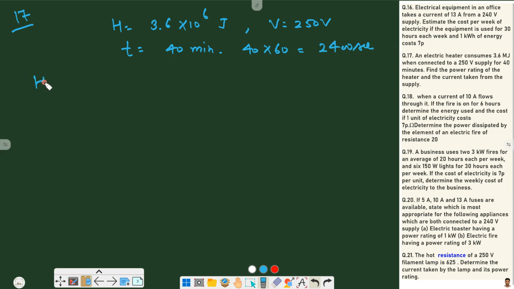And we know heat is equal to I square R into T, and this is power. So heat is equal to power into time. So if you divide heat by time, we will get power. So power is heat by time. Heat is 3.6 into 10 to the power 6 by 24 into 10 to the power 2.